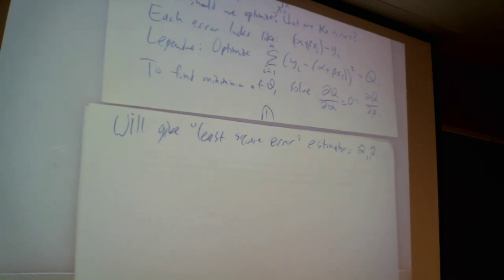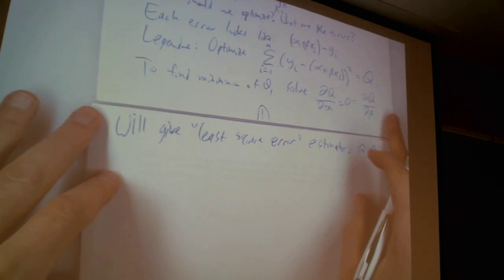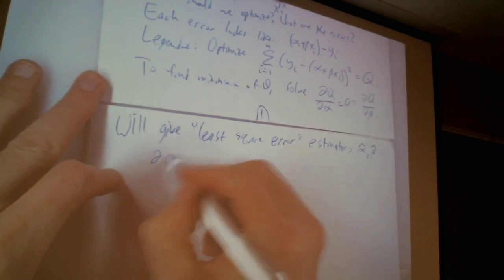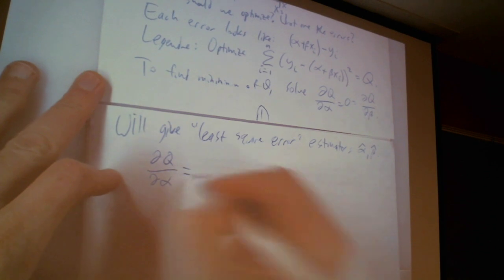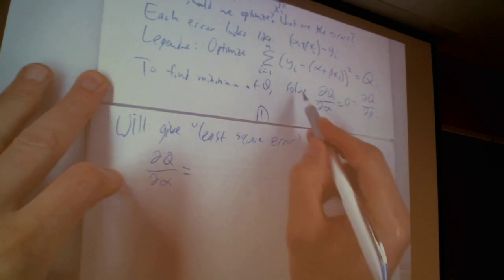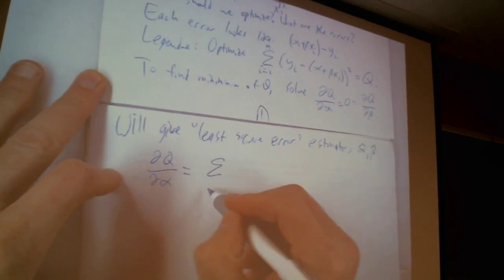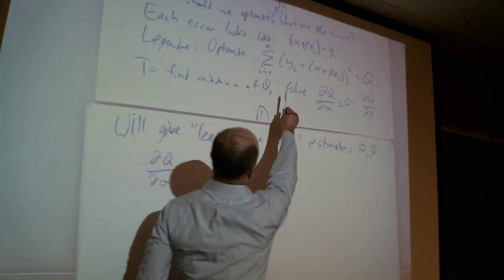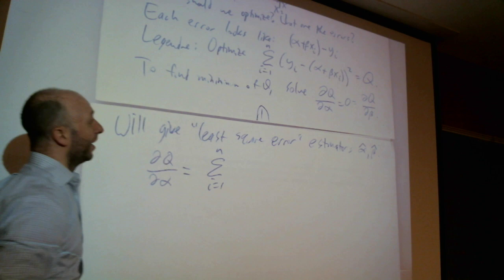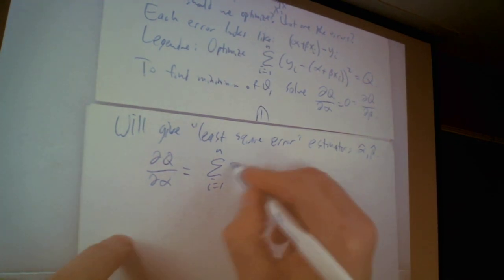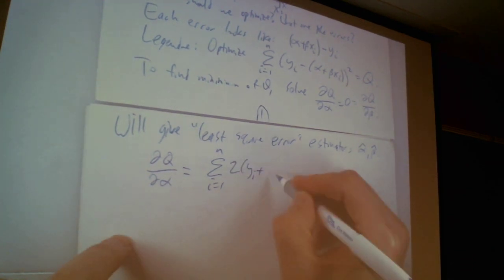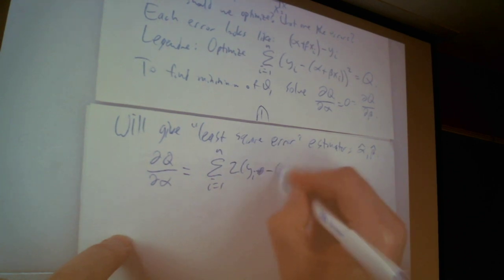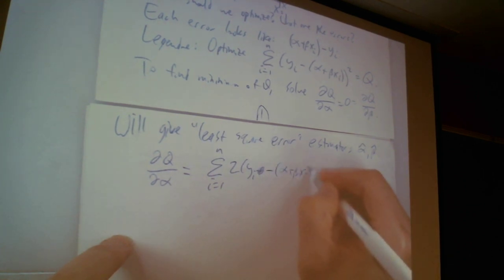Any questions? Let's do it. Okay? This is not going to be a hard thing to do. So let's differentiate q with respect to alpha. Q is right here. So I get a summation, i goes from 1 to n. The derivative of this thing squared, the 2 comes down, 2 times yi minus alpha plus beta xi.